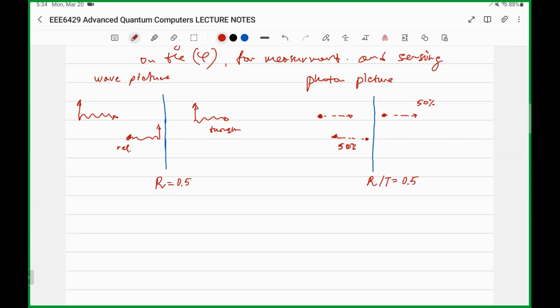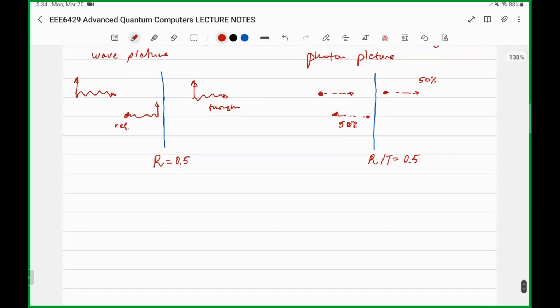The photons are completely identical, no difference between them, but one decides to go through, one decides to bounce off. And so this is exactly the quantum effect. So anytime you look in the window and you see your reflection, and you see the street outside, this is already a quantum effect, because any single photon that comes to the window decides if it bounces off or transmits through the window.